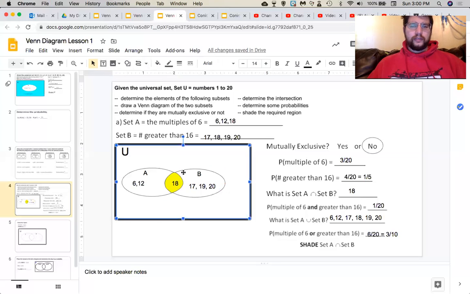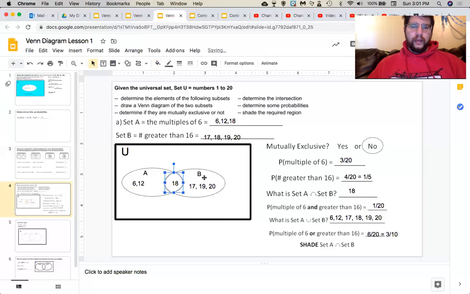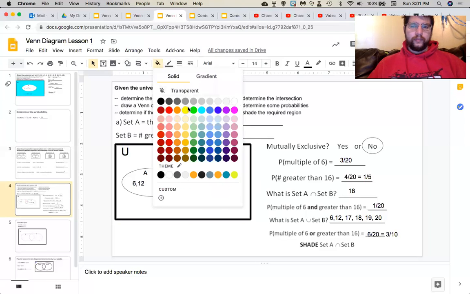So if you need it, let's just do a few different possibilities. Let's say we needed section B, but not A. This is not for this particular problem, but we do the same kind of thing. We'd make this intersection part, but we'd shade it white. And we'd shade B yellow.